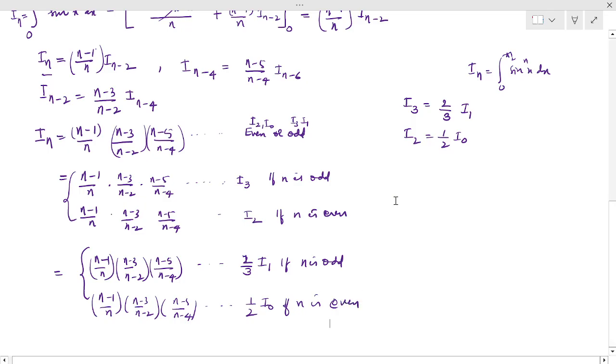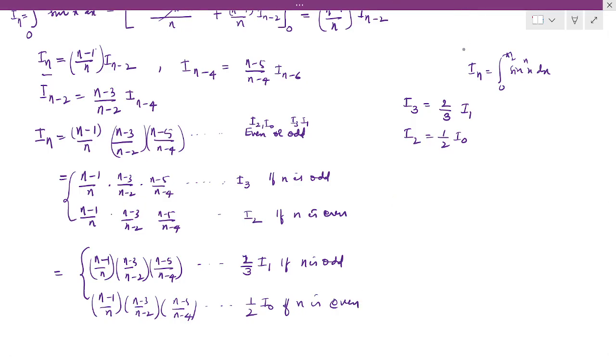Now let us find out I0 and I1 in this formula. Substitute n equal to 1. I1 is the integration of sin x between 0 to pi by 2 dx.